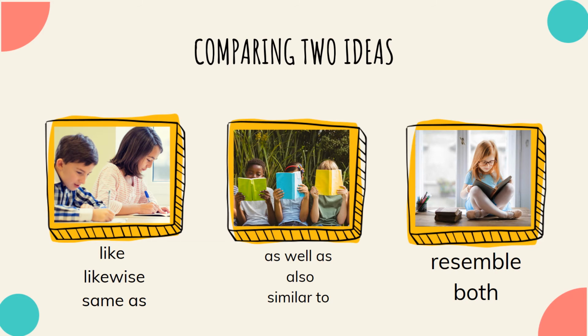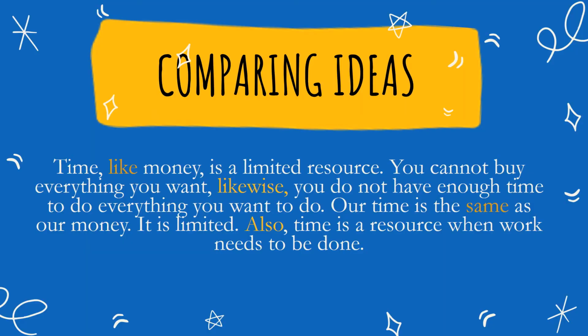The following words or short phrases are used to compare two items or ideas: like, likewise, same as, as well as, also, similar to, resemble, both. Here is a short paragraph that uses some of these expressions. Time, like money, is a limited resource.